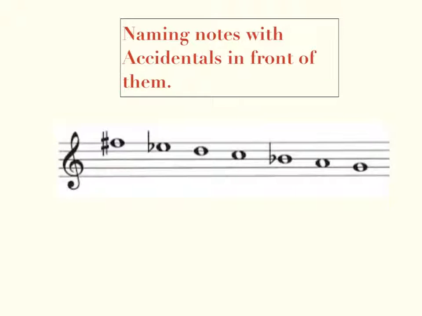How do we name notes which have accidentals in front of them? Have a look at the example below. The first note is F sharp. If I asked you to write the name of that note, you would put the letter F first, followed by the sharp after it. This works the same way we say 10 rand.